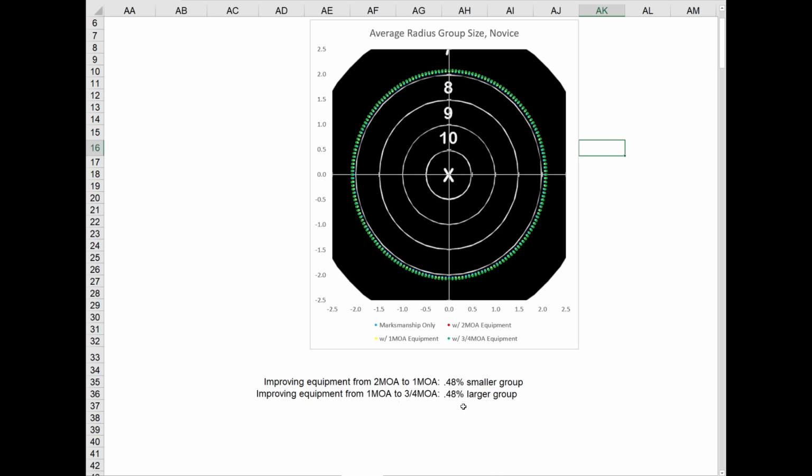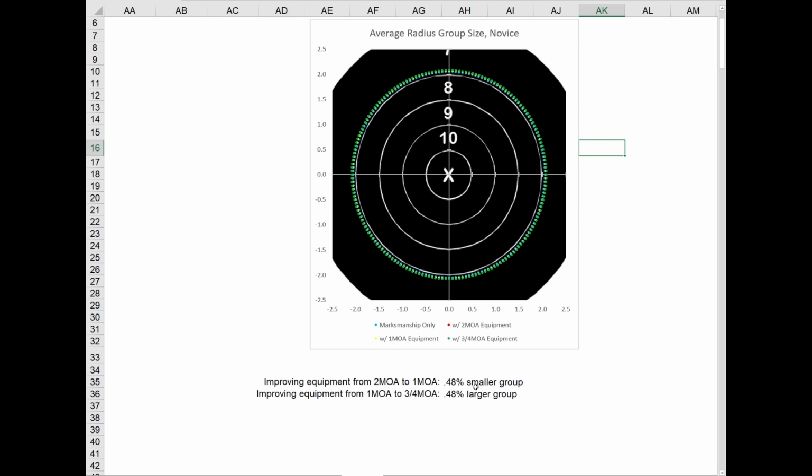In that case, this is kind of an interesting point, it actually gives you a larger group, which doesn't really make sense when you first hear it, that tighter shooting equipment would make a larger group. But when you have this many simulations, that's certainly possible. And really, whether it's smaller or larger, these numbers are so small that it's insignificant.